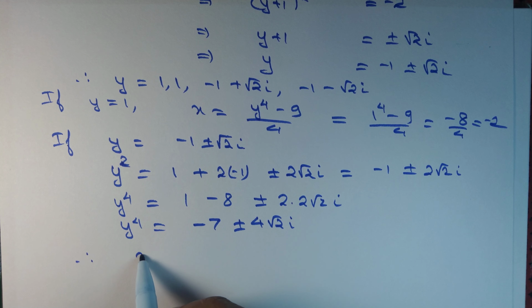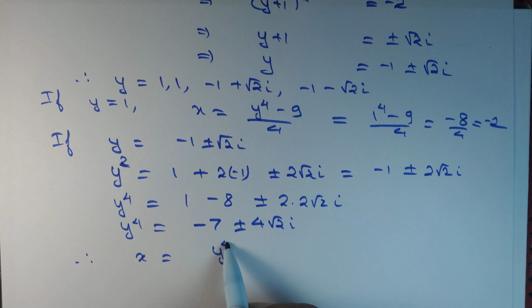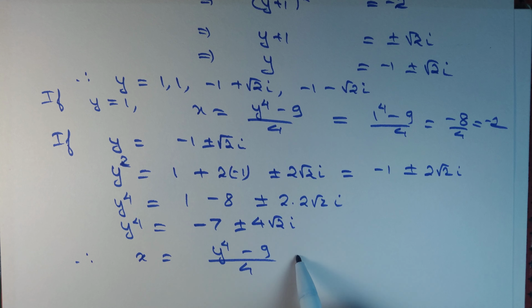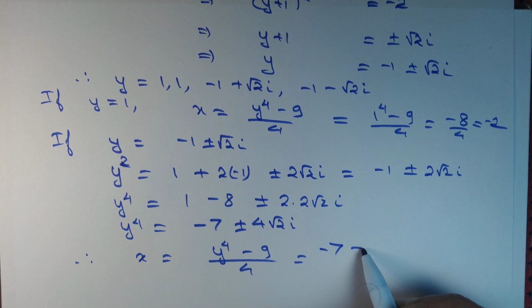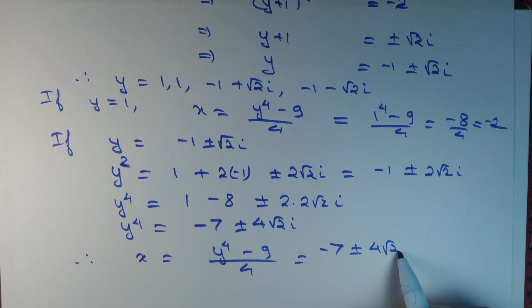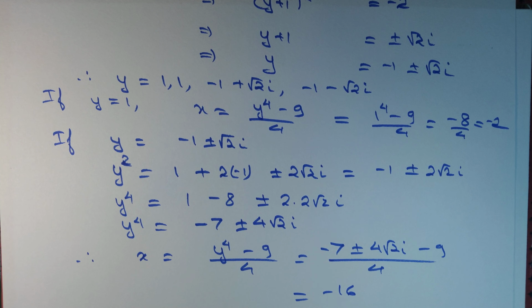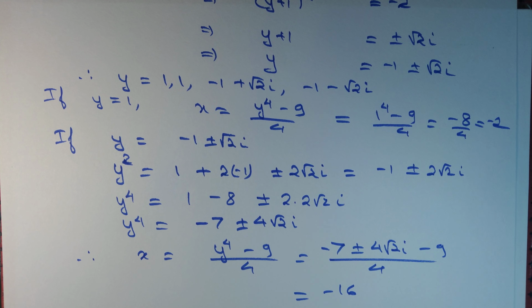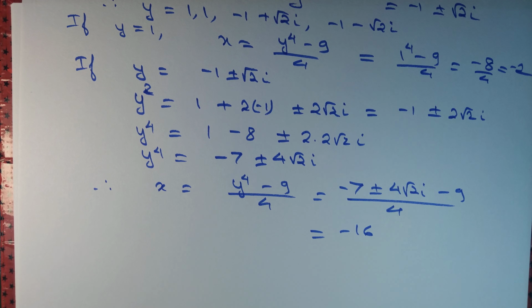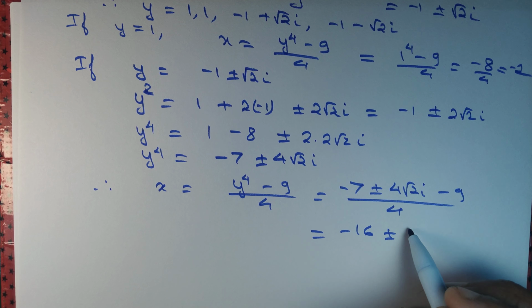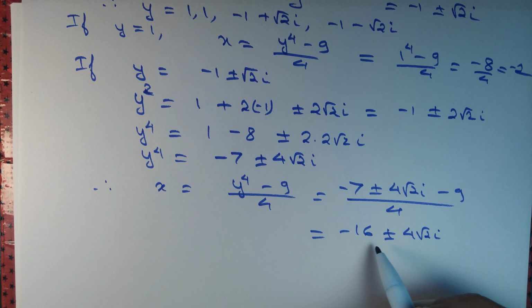Therefore, x equals y to the power 4 minus 9 by 4, that's minus 7 plus minus 4 root 2 i minus 9 by 4, that's equal to minus 16 plus minus 4 root 2 i by 4.